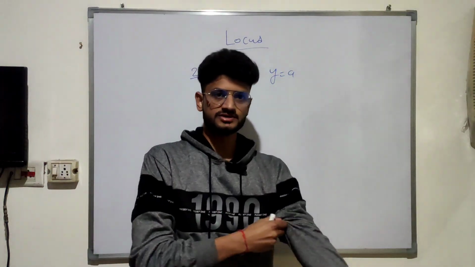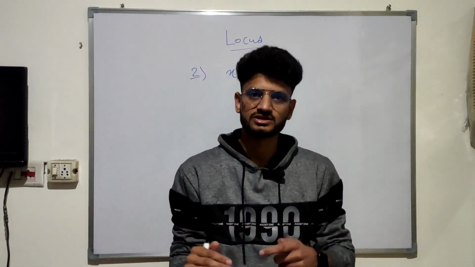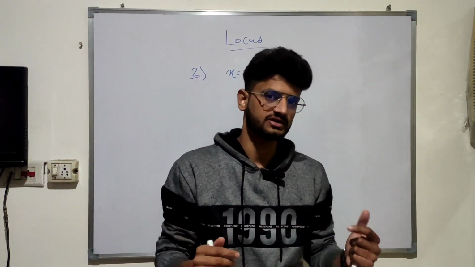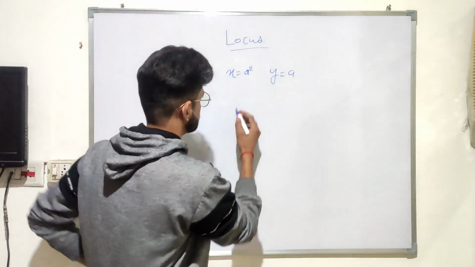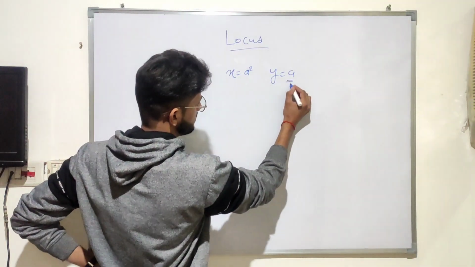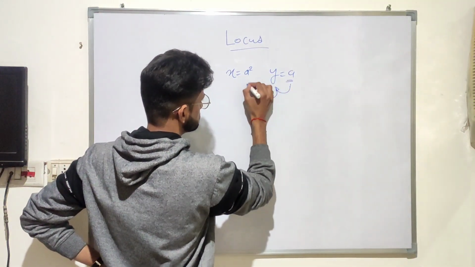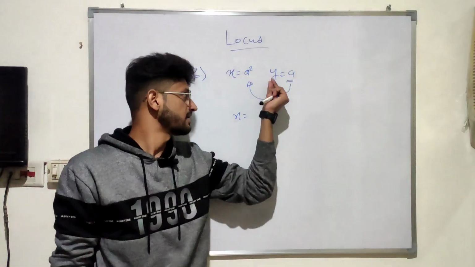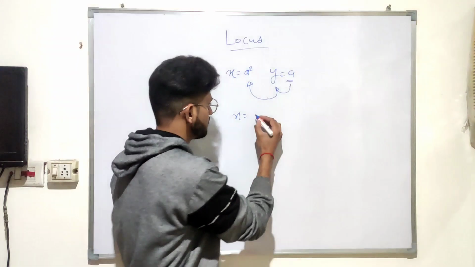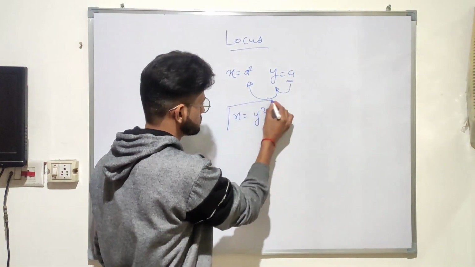This is the condition given to us, and based on this condition we need to plot the graph, or we need to find the equation of the locus. How we will do it is, we will just solve it. For example, here y equals a, it means a is equal to y. So we will replace this here. We will substitute y in place of a. So we will be getting x is equal to y square.